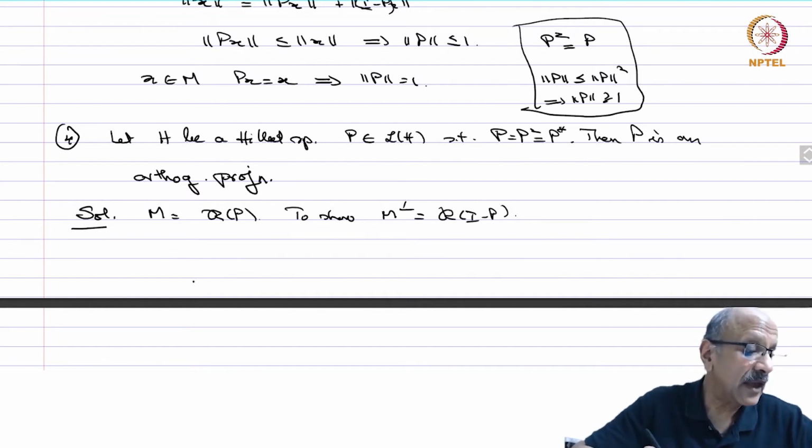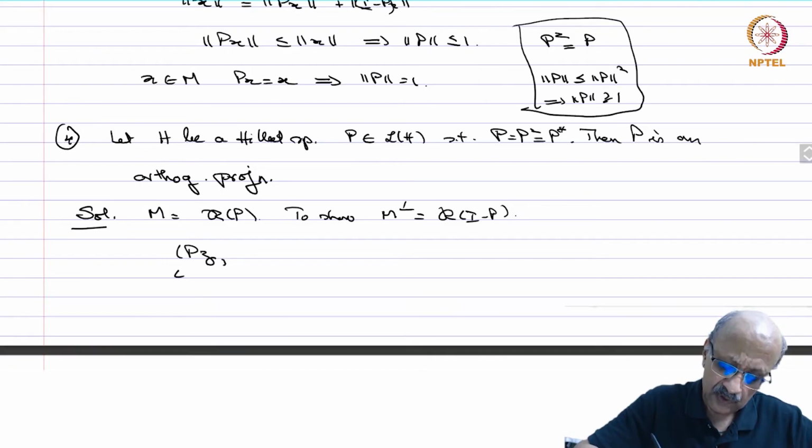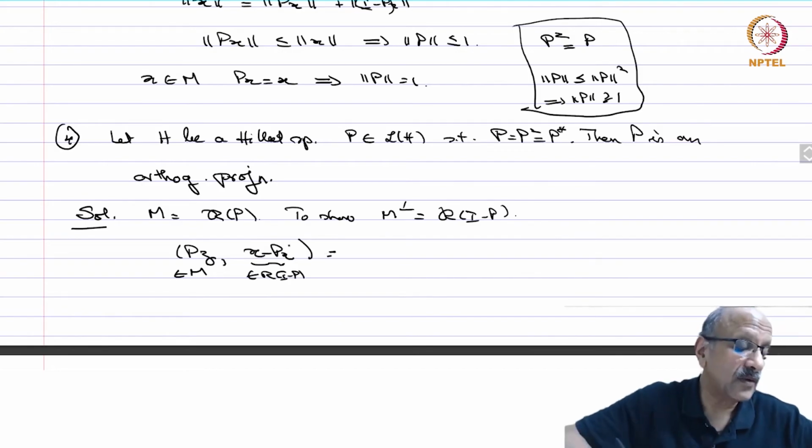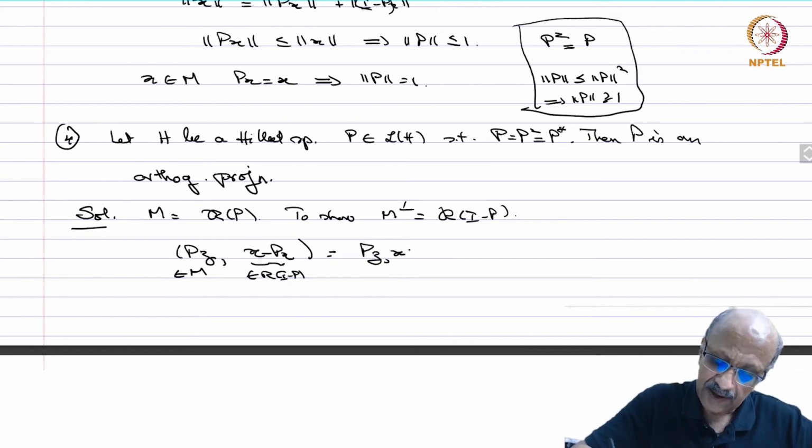Okay, so let us take Pz, which belongs to M, and x minus Px, which belongs to range of I minus P, and see what the inner product is. So this is equal to <Pz, x> minus <Pz, Px>.